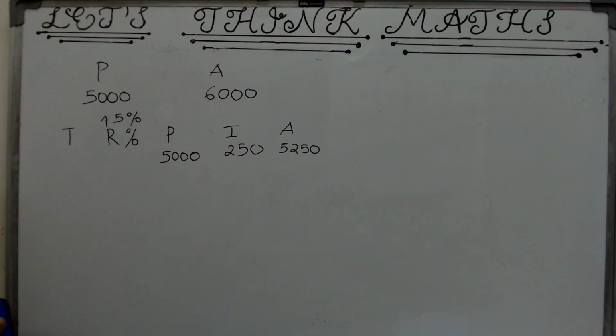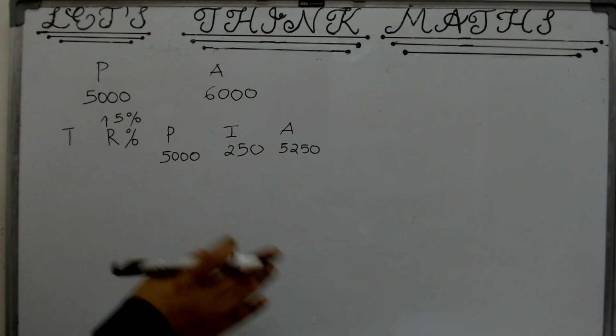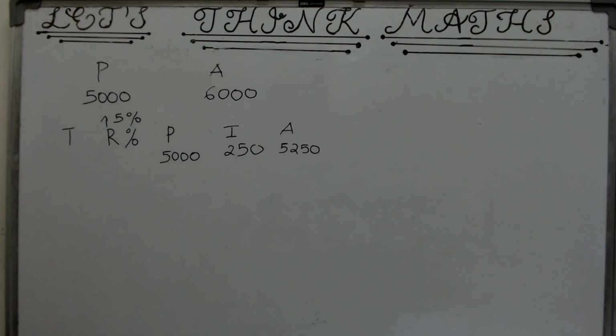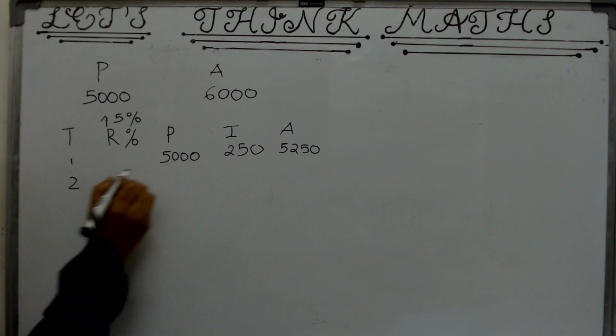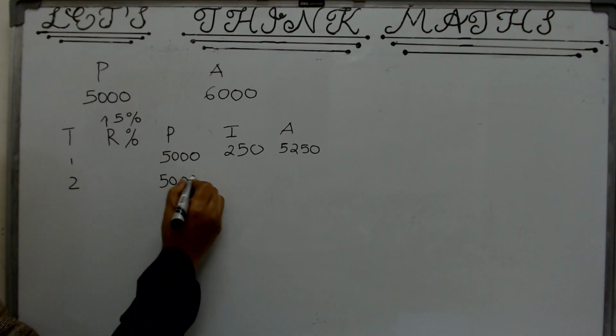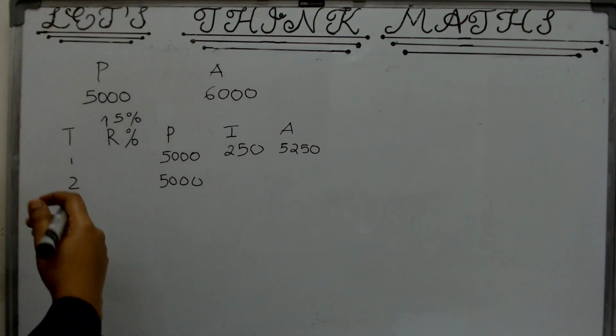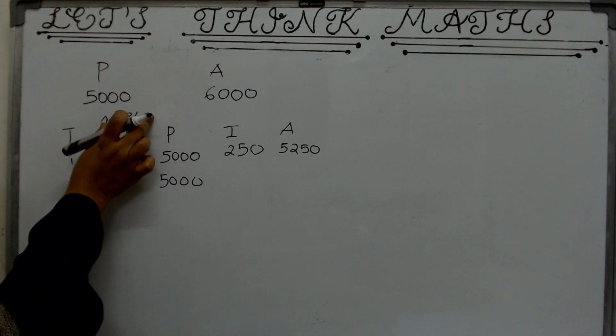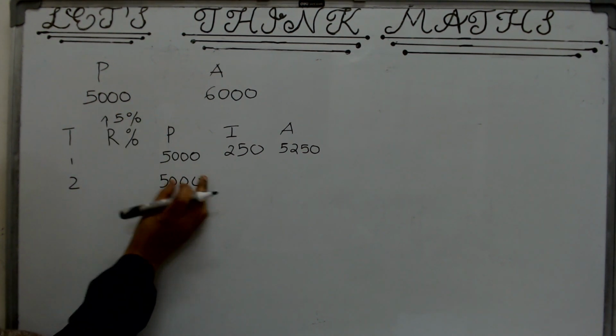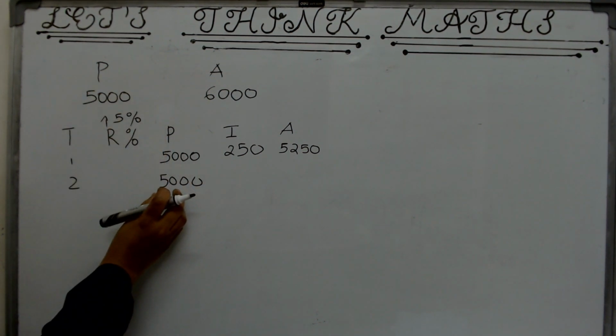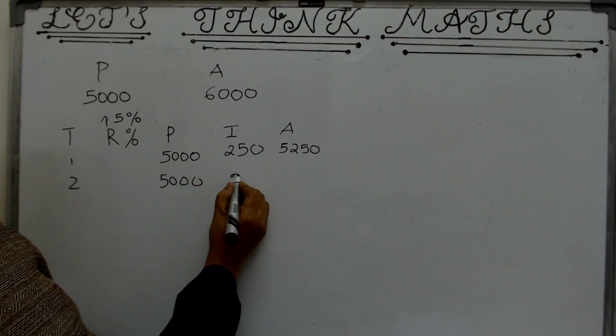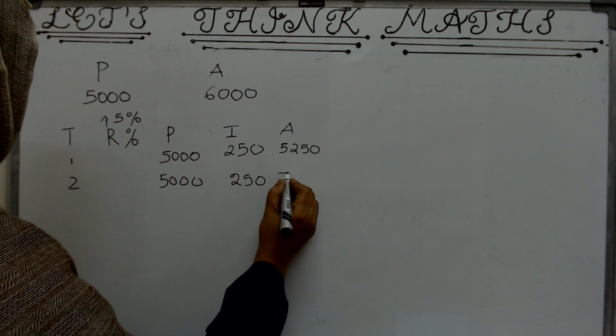Now suppose you don't want to take the money back in the first year. Let it be there for 1 more year. Then what happens? The principal remains the same, but then the interest adds up. You get 5%. For every 100 you have an extra 5. So you have 50 hundreds, so you are going to get 250 extra.